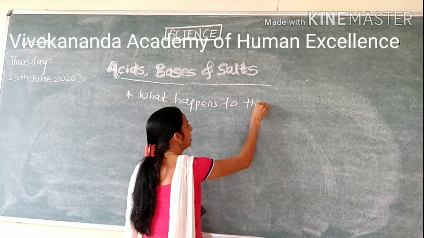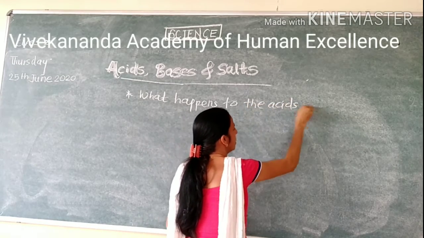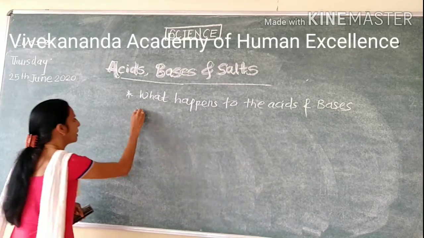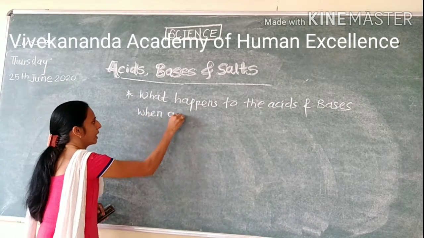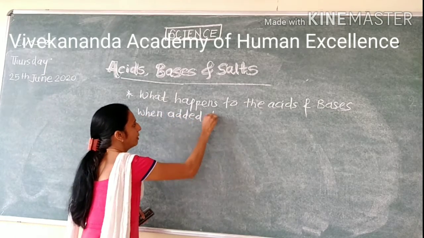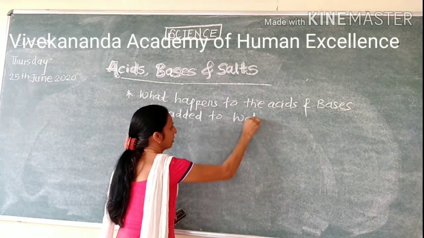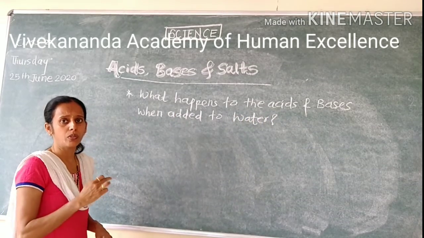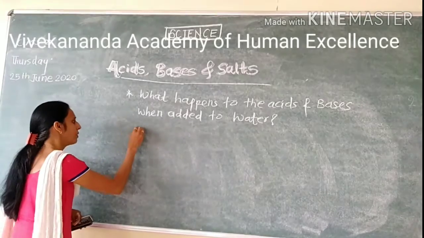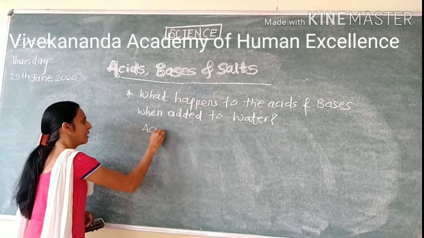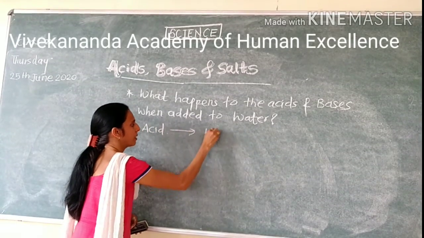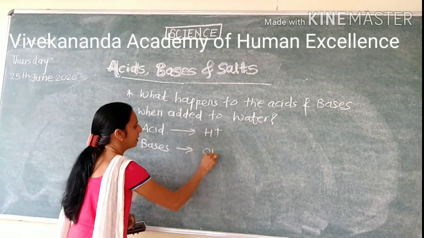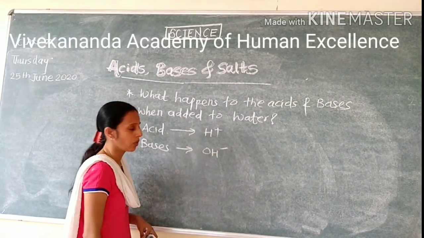What is the effect of water on acids and bases when they are added to water? We have seen acid contains H plus ion, and bases generally contain OH minus ion, the hydroxyl ion.